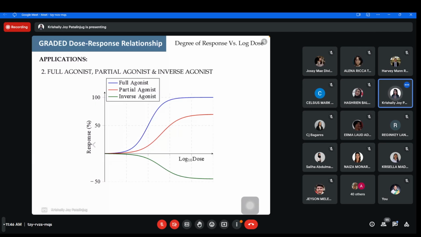Okay, di ba? I've mentioned earlier about the intrinsic activities of these three. They only differ on their intrinsic activity. Full agonist, it attains the maximal effect, meaning intrinsic activity niya is the full effect.